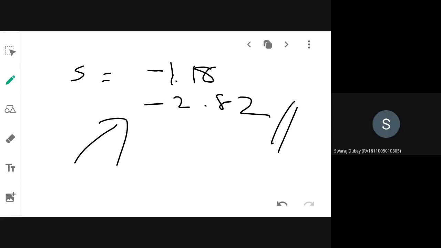Ma'am, can you tell the steps on calculator? Calculator, I think you have to give the entire equation. I have tried once. That algebraic equation you have to write, I think so, as such, and in one step you will be getting the roots.